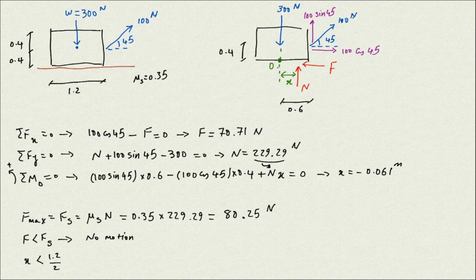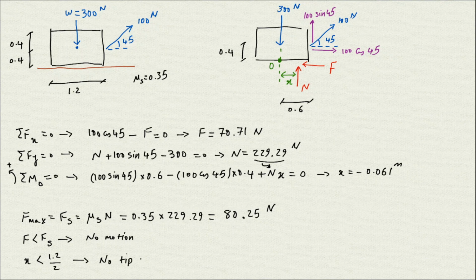So x is not outside the box, it's within the box, between 0 and 0.6. Because x is smaller than 0.6, it is not going to tip. If we find that x is larger than 0.6, then it will tip. So there's no tipping also.